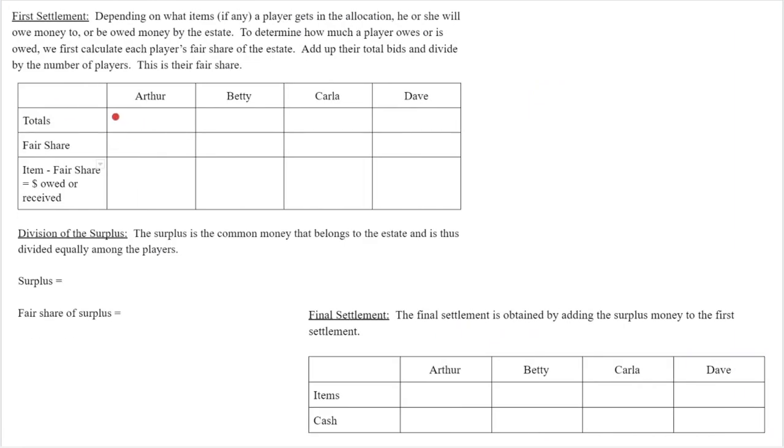So Arthur thought that everything total was worth $540,000. Divide that by 4, and that means that Arthur needs to get at least $135,000 because that's his fair share. And we do the same thing with each of his siblings.